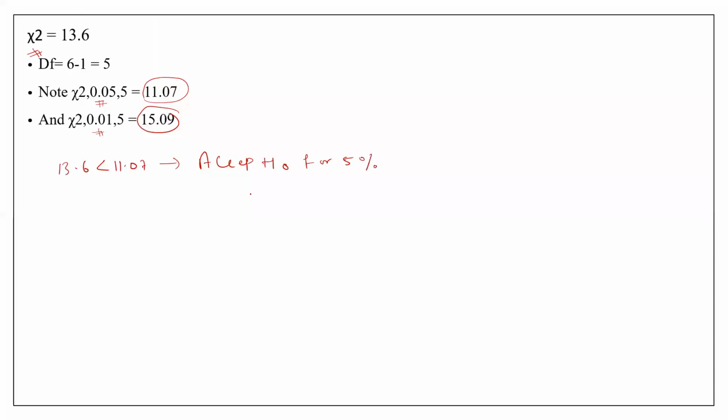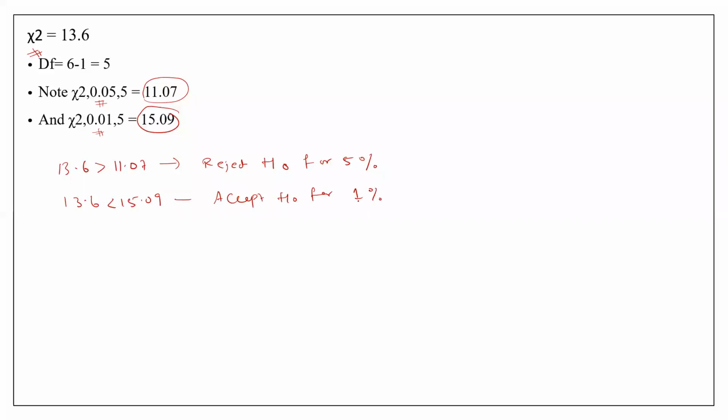You have to reject the hypothesis H naught at the 5% level of significance. Whereas 13.6 is lesser than 15.09, so it means you have to accept the hypothesis for 1%.